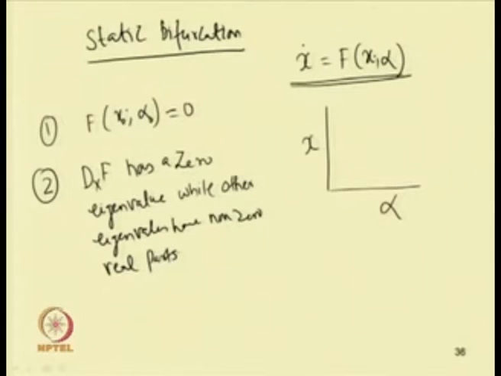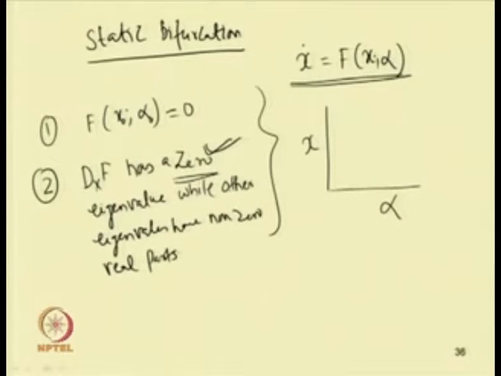So, dxf has a 0 eigenvalue corresponding to alpha equal to alpha 0. These are the necessary conditions for the system to have a static bifurcation point, but these conditions may not be sufficient.